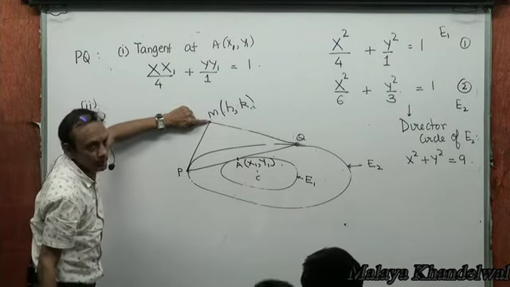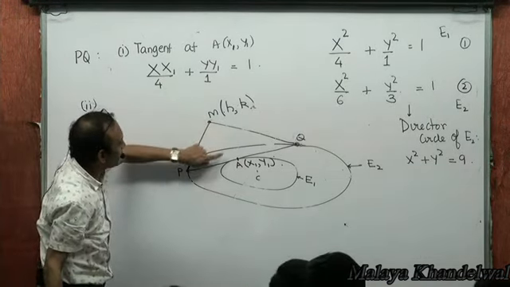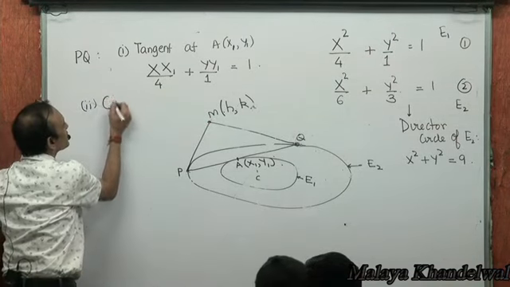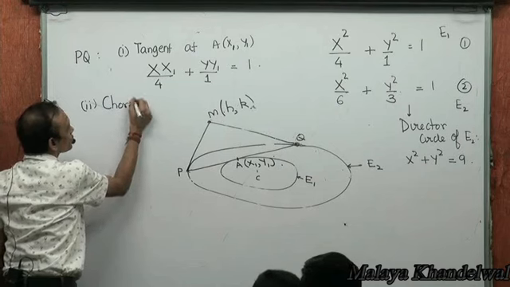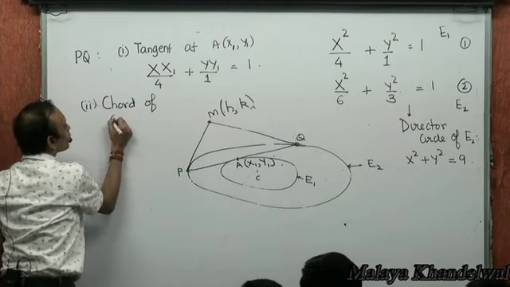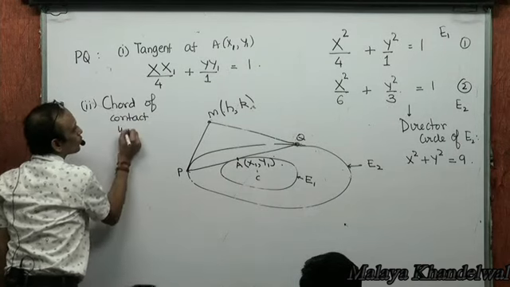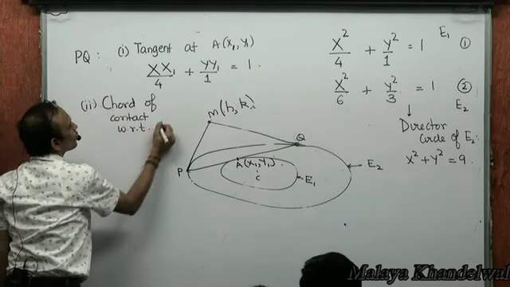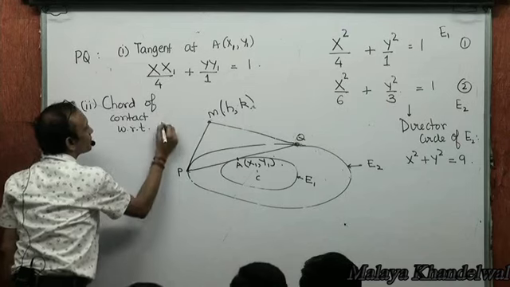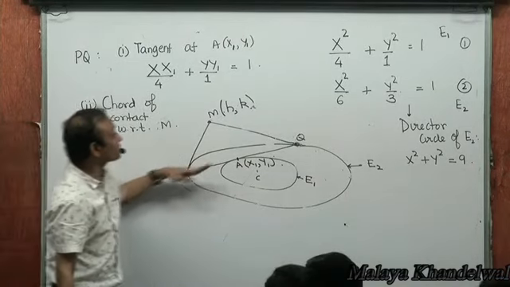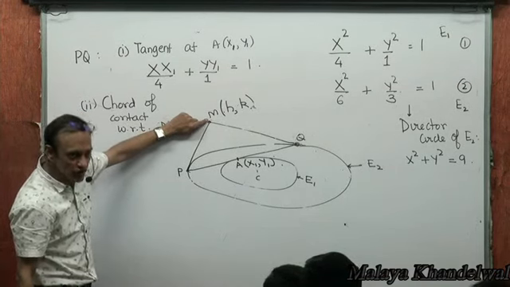Look at this point M. For the outer ellipse, PQ is a chord of contact with respect to M. So PQ now perceived as a chord of contact with respect to M, the equation of the chord of contact is going to be T equal to 0.